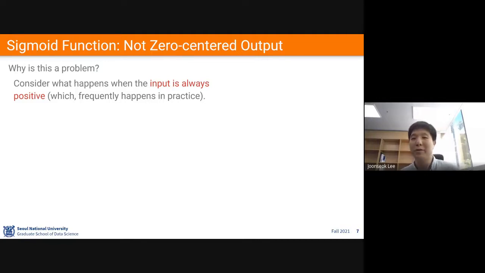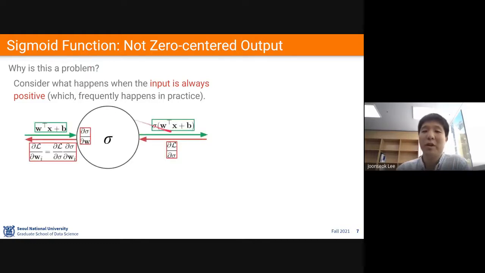All the inputs are positive, and this sigmoid function always outputs positive numbers. So again, we have some linear transformation of the input, and we take the sigmoid function on top of that. Then we compute the gradients, upstream gradients and local gradients, and we multiply them.